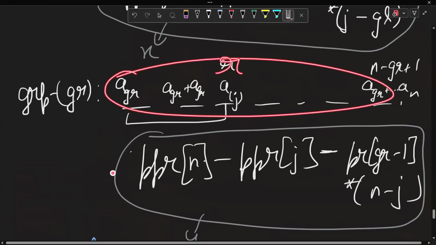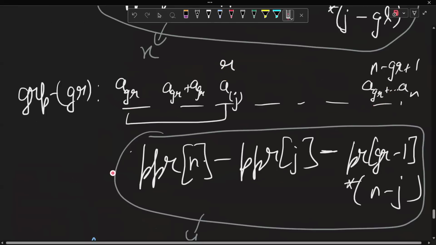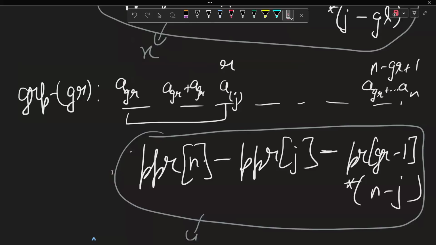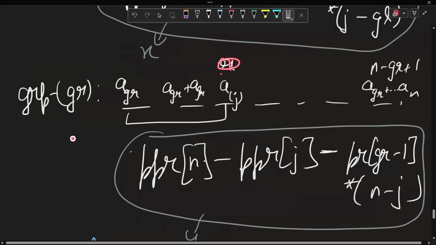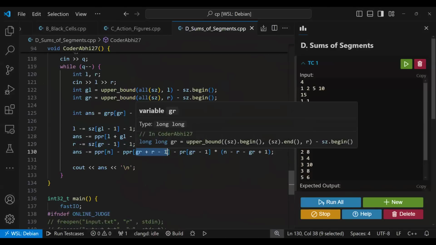Initially this R is indexing of the whole array B. When we convert this in a similar fashion to how we converted here, into the index of the group, then this J is basically this index. At index 1 we have GR, so at index R we would have R plus GR minus 1. So this J is actually R plus GR minus 1.